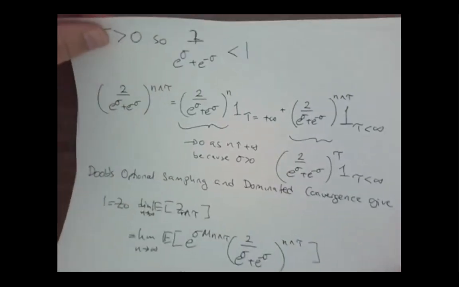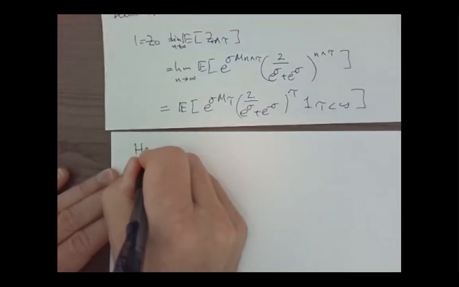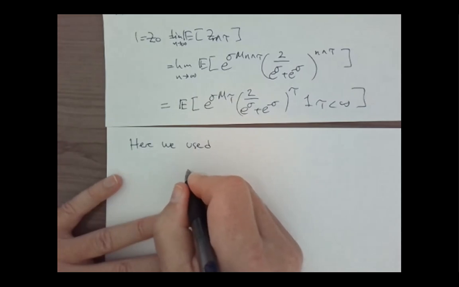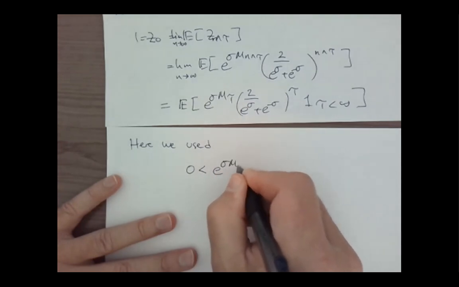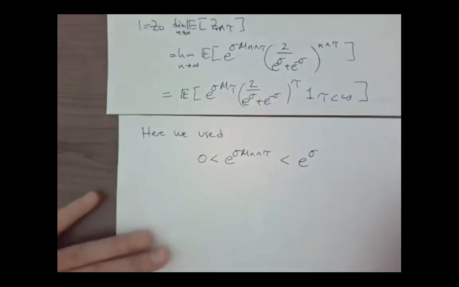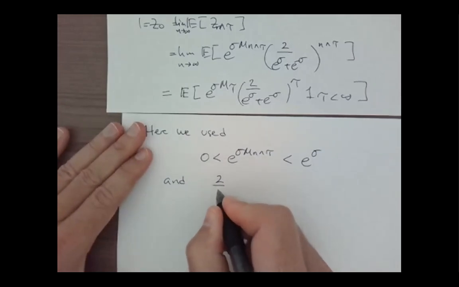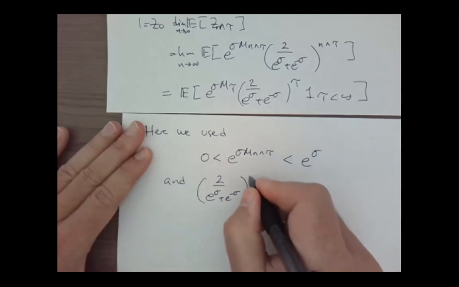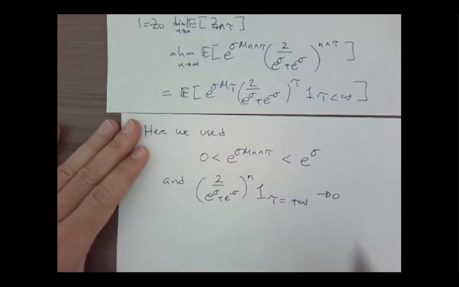So maybe we should write that note out. So just note, here we use that 0 is less than e sigma M n min tau is less than e sigma, and we use that 2 divided by e sigma plus e minus sigma to the n times the indicator when tau is equal to plus infinity converges to 0.